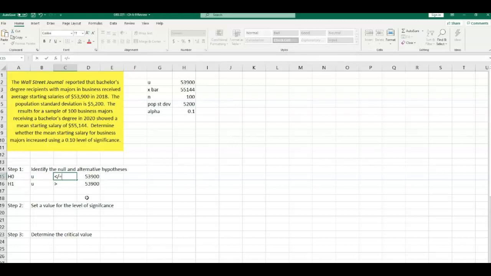Your null is always going to be the one that's less than or equal to, greater than or equal to, or like we saw in the last problem, just equal to. The alternative is only going to be greater than, less than, or not equal to. You'll never have the equality here in your alternative hypothesis.